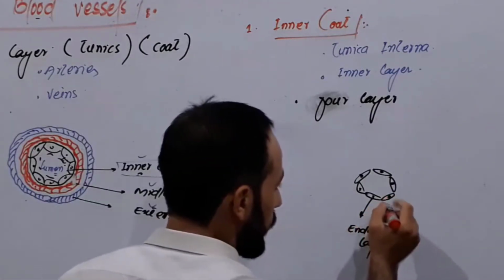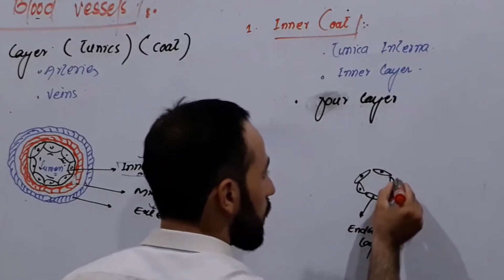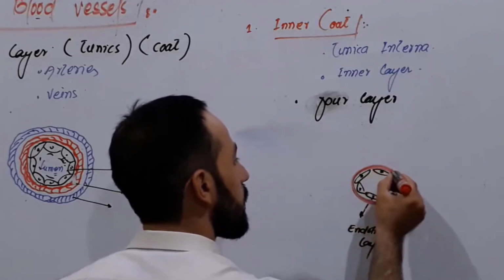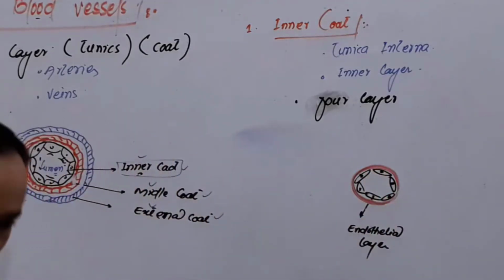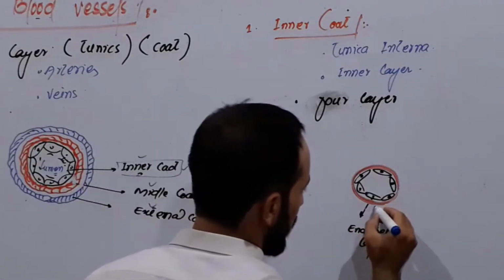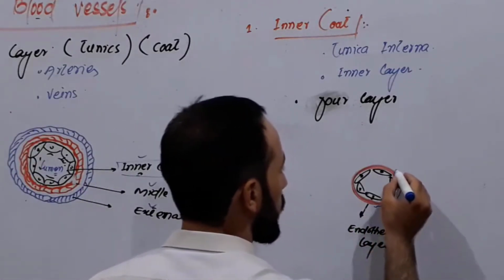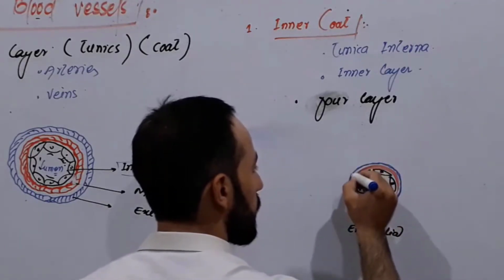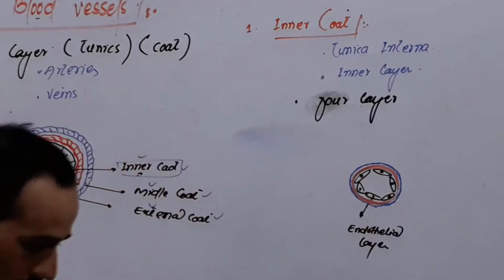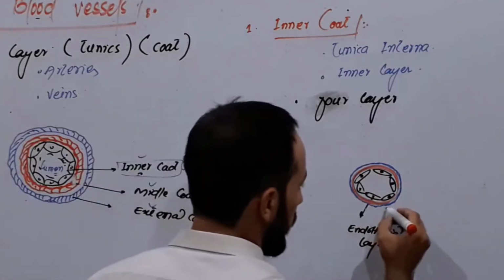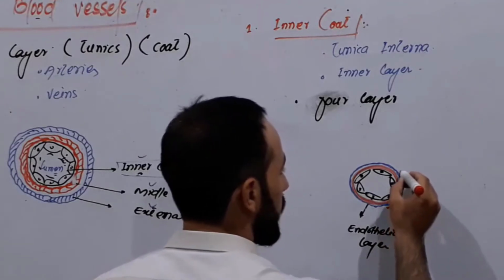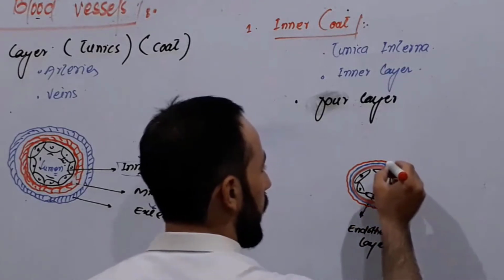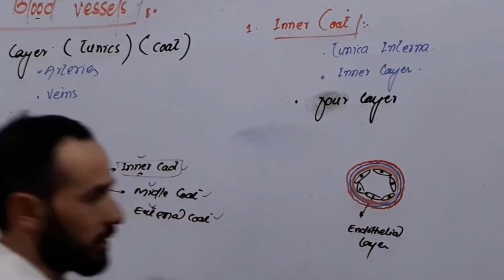Beneath the endothelium we have the basement membrane. And outer to this basement membrane is the subendothelial layer, and outer to this subendothelial layer there is the elastic lamina, or we can say the internal elastic lamina.